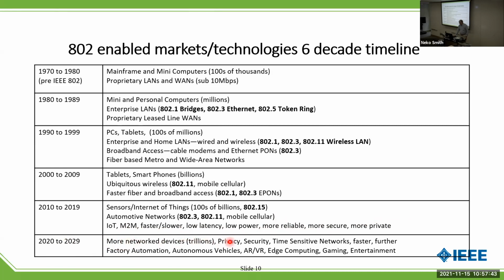Privacy and security are very important, and time-sensitive networking has become very important, where you're deploying networks in real-time control systems, whether automotive or in factories for autonomous vehicles, and then there's the additional bandwidth that's going to be needed to support augmented reality and virtual reality. So that's the trend that we've been on in 802.